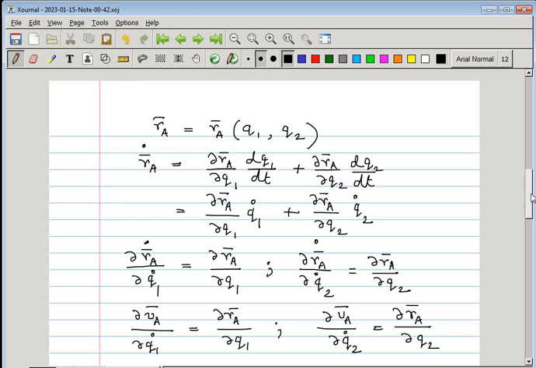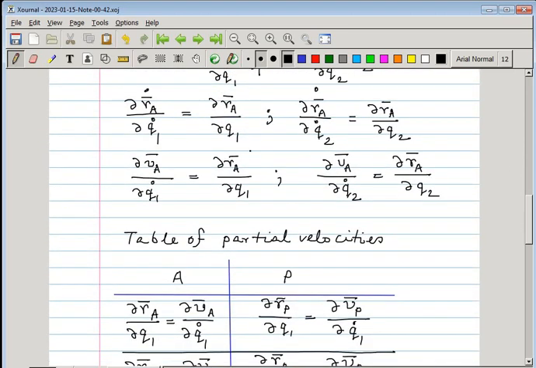So these quantities, this and this, are called partial velocities. So these are called partial velocities.